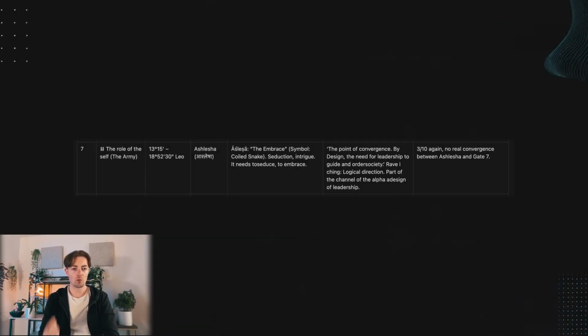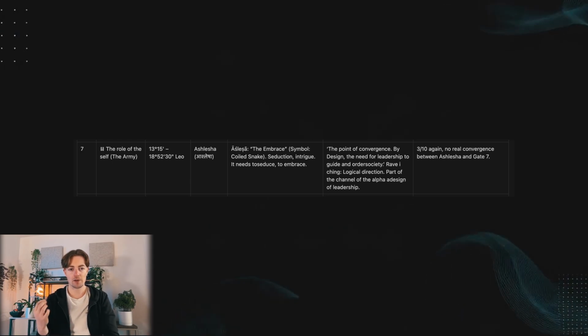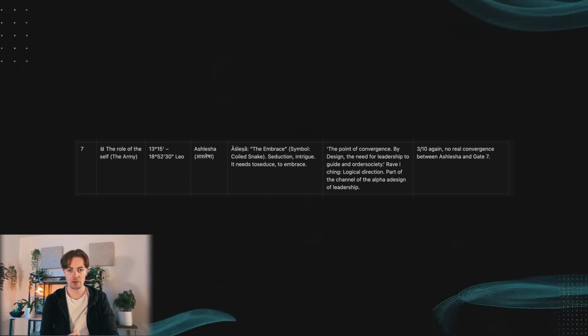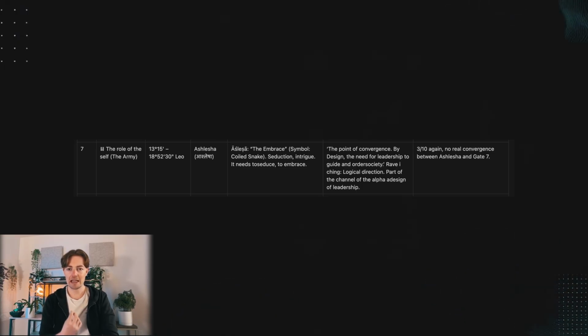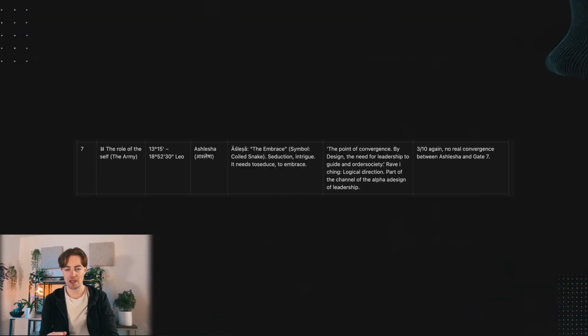Gate 7, the role of the self, the gate of the army. This goes from around 13 degrees to 18 degrees of Leo. It's in the Ashlesha Nakshatra. The notes I have for this gate is the point of convergence, by design, the need for leadership to guide and order society. From the Ra Uru Hu, logical direction, part of the channel of the Alpha, a design of leadership.